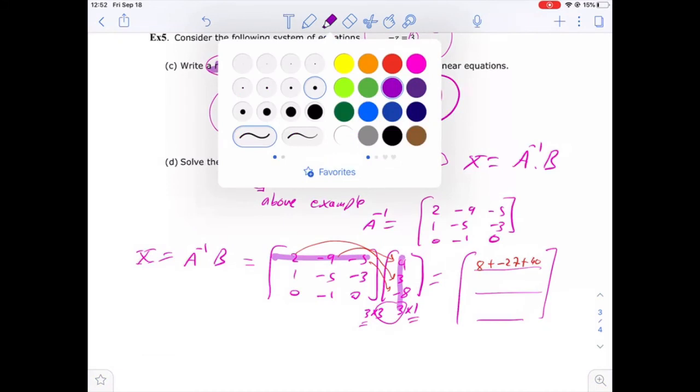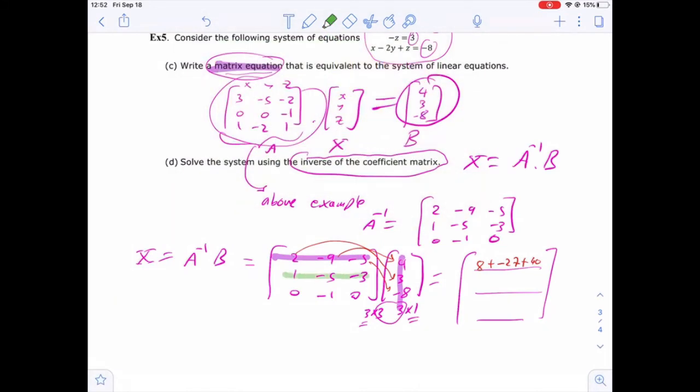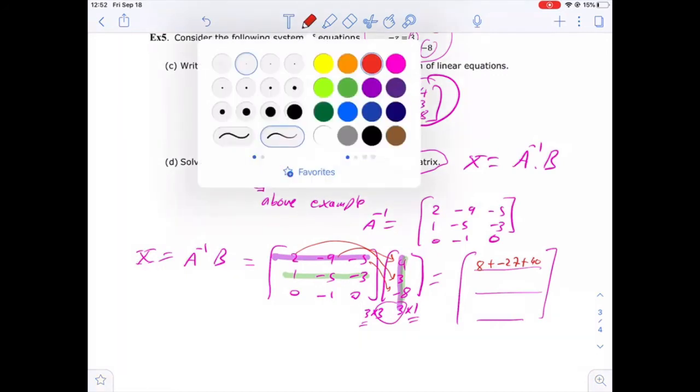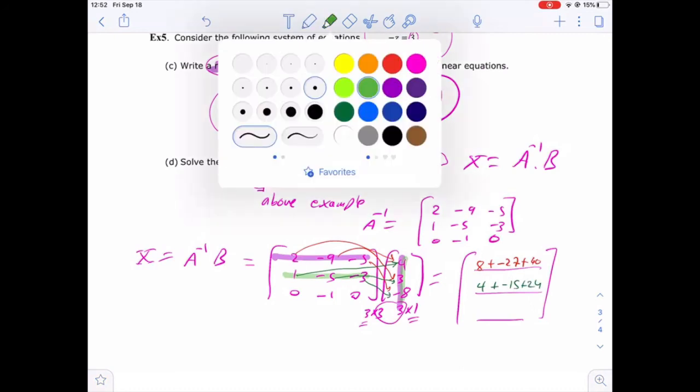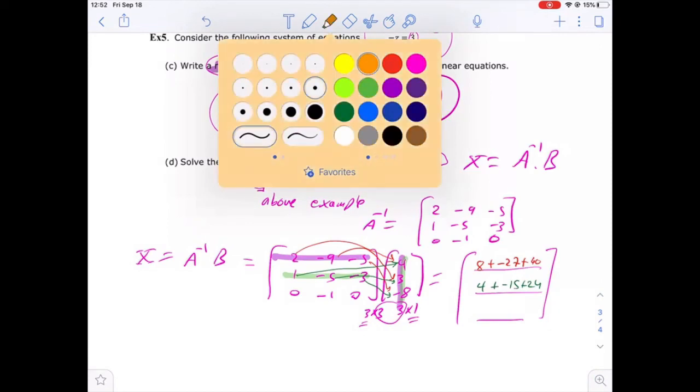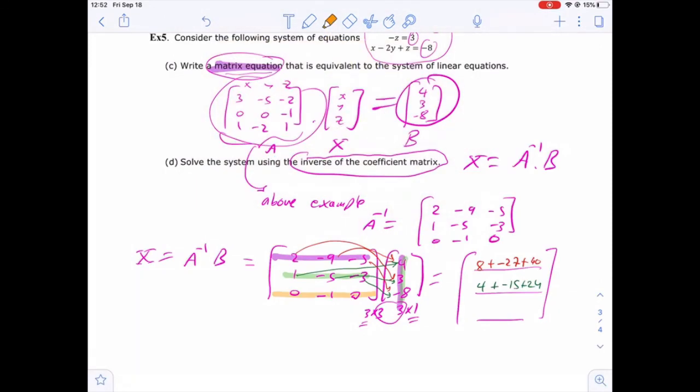And then the second row, I'm going to use a different color, the second row by this column. So we multiply 1 by 4, which is 4, plus negative 5 by 3, negative 15, plus negative 3 times negative 8, 24. And then the last row, we multiply the row 0, negative 1, 0 by this column.